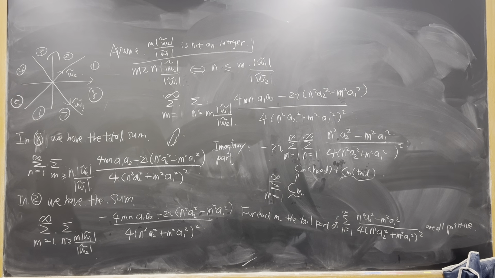And then the numerator, initially it might be negative, right? So if n starts at 1, initially it could be a2.